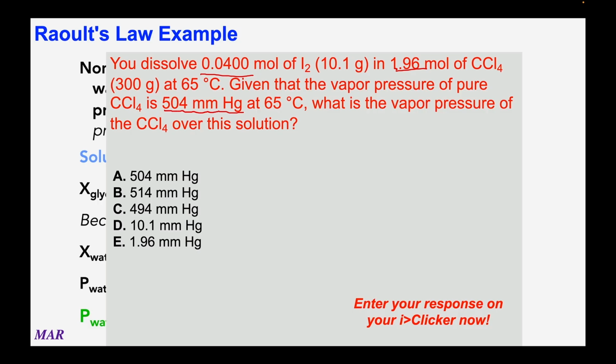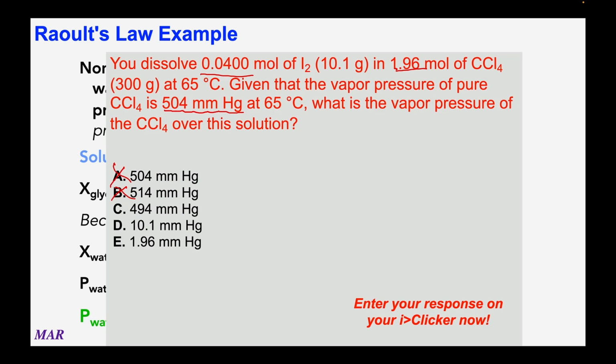Now, before we start, though, the final vapor pressure of the solvent in the solution will be a number less than 504. So right away, you don't have to worry about A or B. A would be the vapor pressure of the pure solvent, but we have a solution. It's going to be lower. And 514 is a greater number than 504, and that doesn't happen by anything known to chemists.